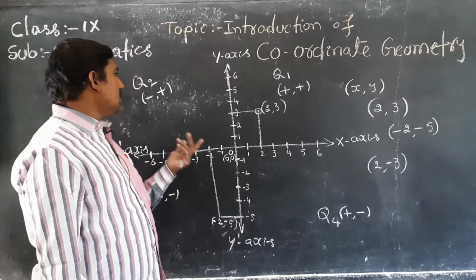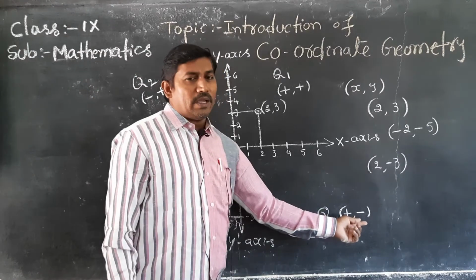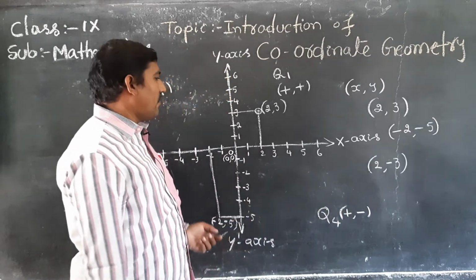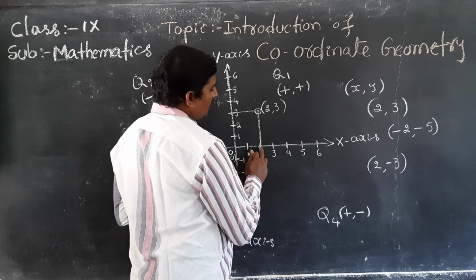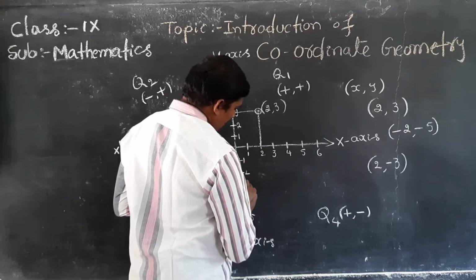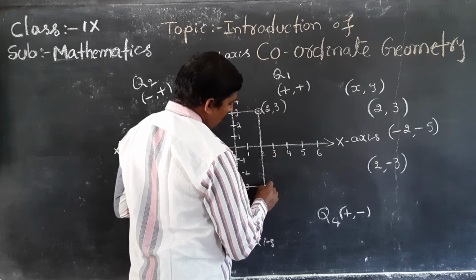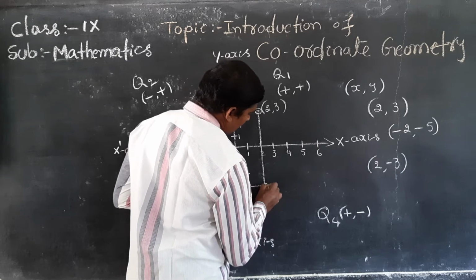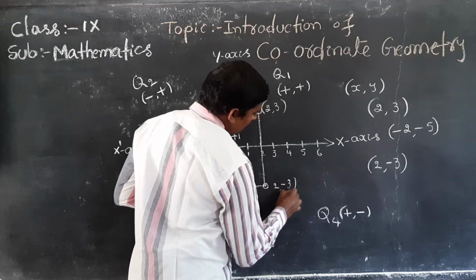Don't confuse: minus comma plus and plus comma minus are different; plus comma minus comes under quadrant 4. Here 2 comma minus 3 means for 2, here minus 3. This point is called 2 comma minus 3.